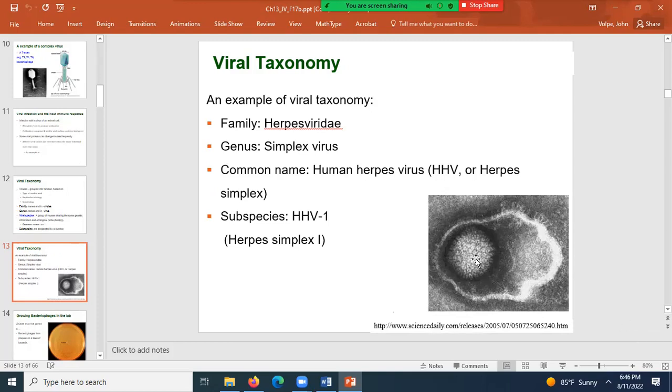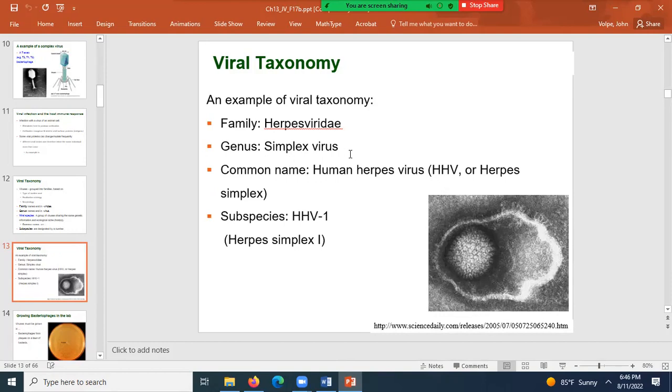If not, let me go ahead and talk about this slide and then we'll end here. A viral taxonomy, we already mentioned this. The family is Viridae, so with the herpes viruses, the family name is Herpes viridae. The genus name is simplex virus or herpes simplex virus.